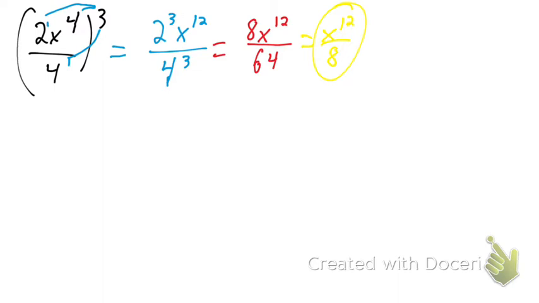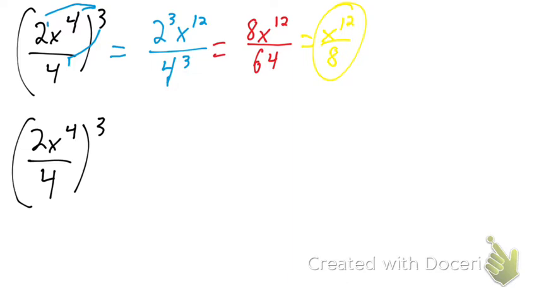Now, what if I told you there was actually a shortcut on this problem? Another way we could do it. You guys ready for this? Let me know when you are. Okay, cool. So we have the same problem, 2x to the 4th over 4, to the 3rd. What's our first thing in our order of operations? Parentheses. Is there anything inside this parenthesis we could do before focusing on this exponent of 3?